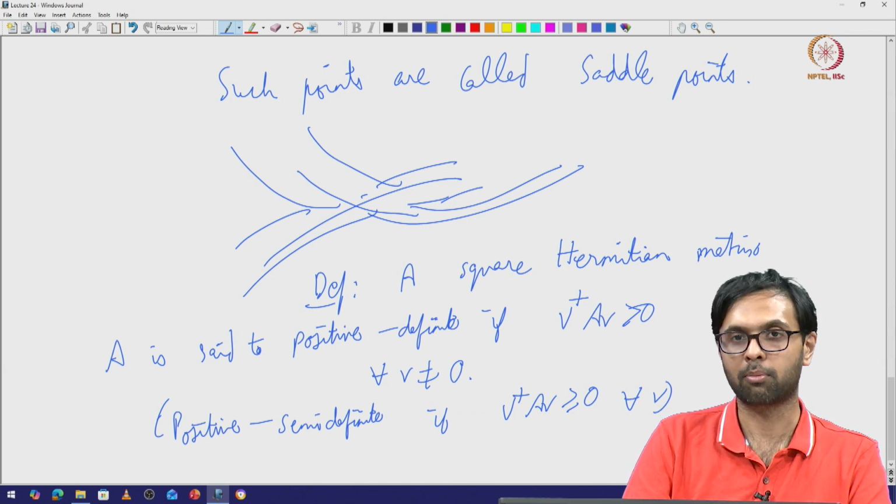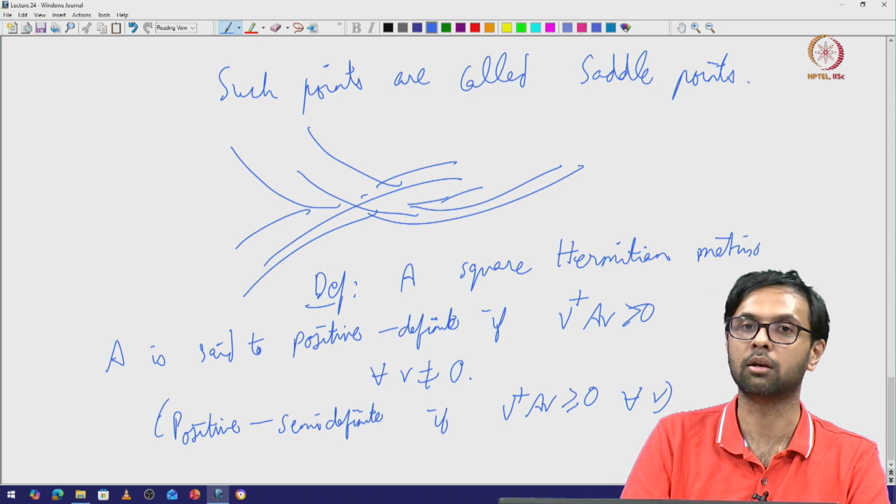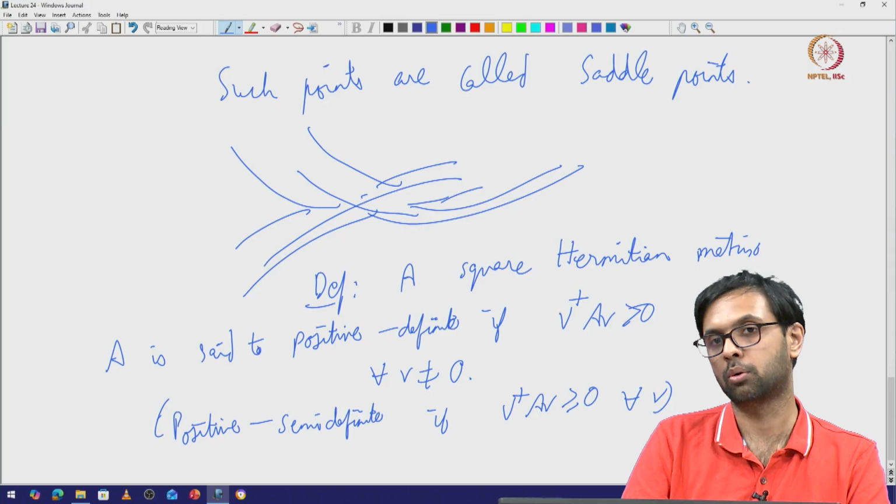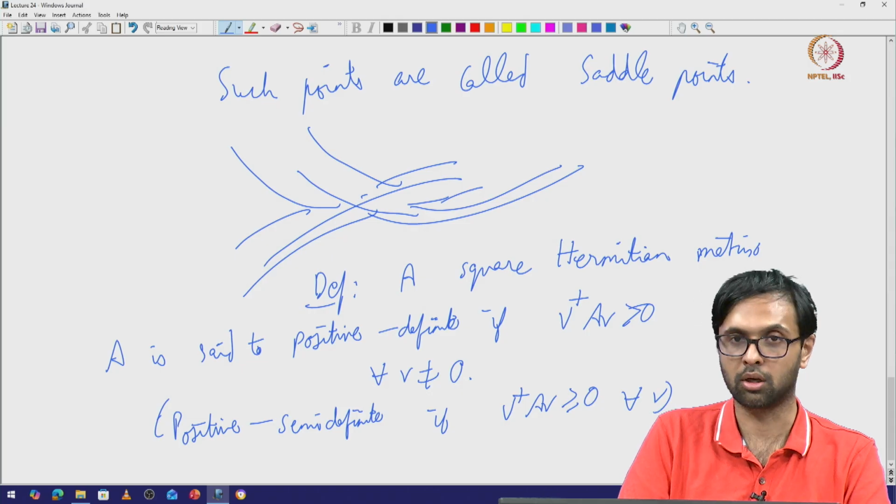What's an example of a positive definite matrix? A silly example would simply be the identity matrix. Because v dagger identity v is v dagger v, which is mod v1 square plus mod v2 square and so on, which is positive as long as v is not the 0 vector.